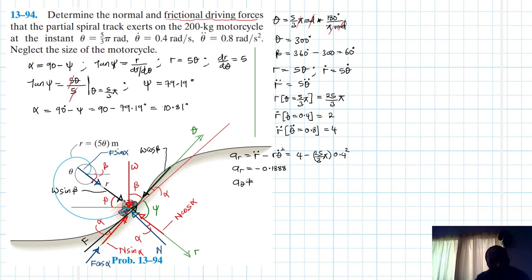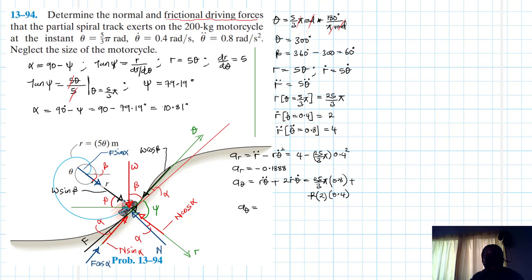Okay, then we have a_theta, which is just equal to r theta double dot plus 2 r dot theta dot, and this is equal to 25 divided by 3 pi times theta double dot, which is 0.8, plus 2 times r dot, which is 2, times theta dot, which is 0.4.